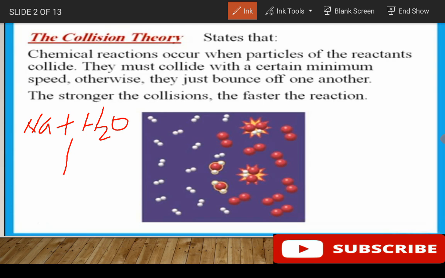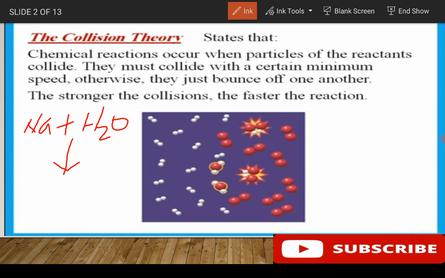When these react, sodium metal contains sodium atoms, whereas water contains water molecules. So in the course of these two reacting, when the minimum energy is attained, the atoms of sodium metal must collide successfully with the molecules of water.